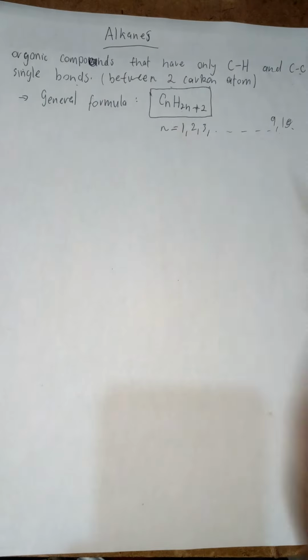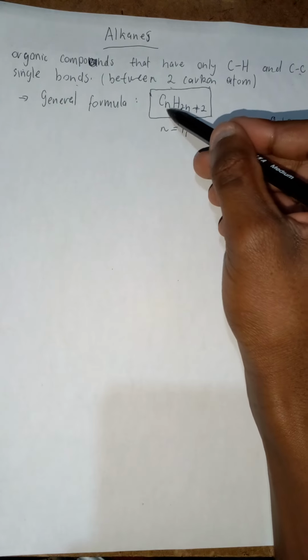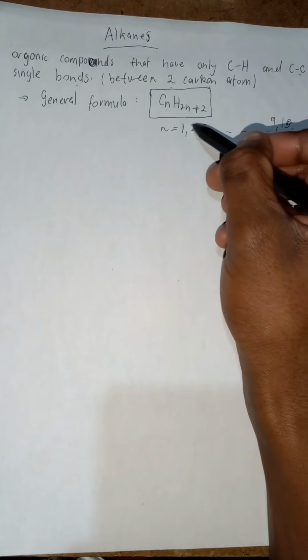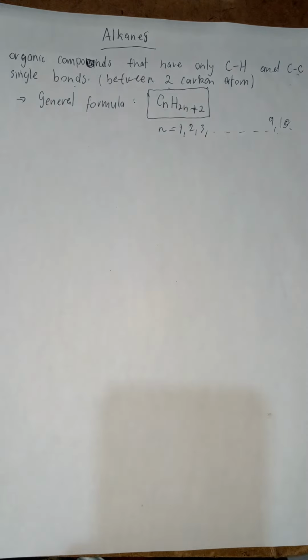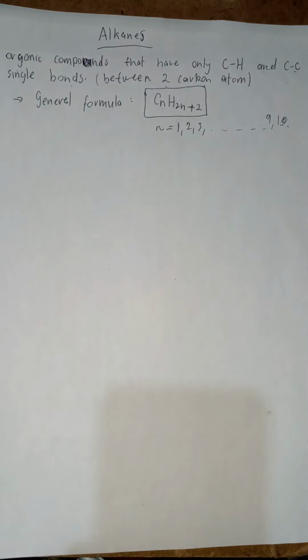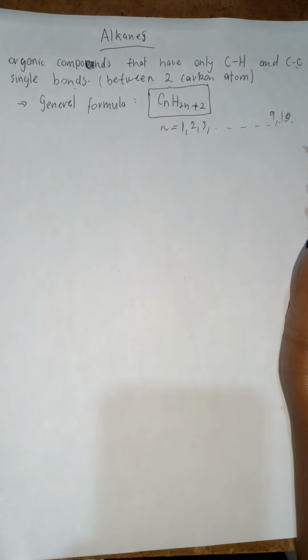The n just tells you about the number of atoms. So C1 tells you that there's only one atom of carbon, and when you put 2 wherever you see n, this tells you that there are 2 atoms of carbon, and so on.